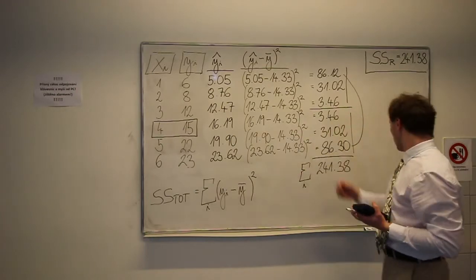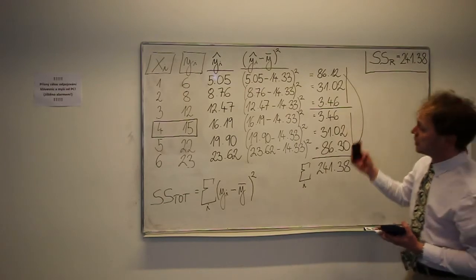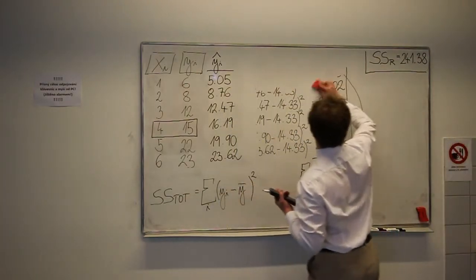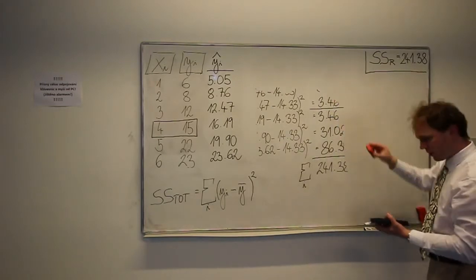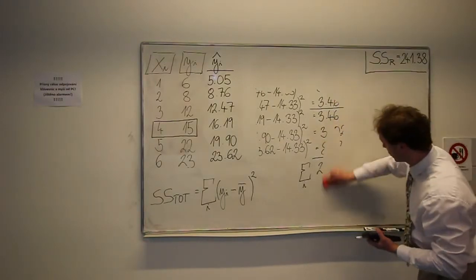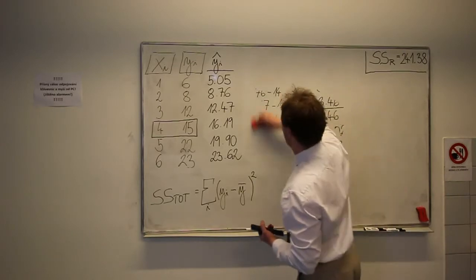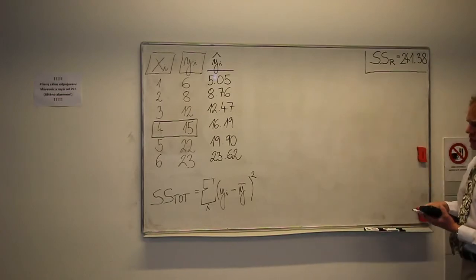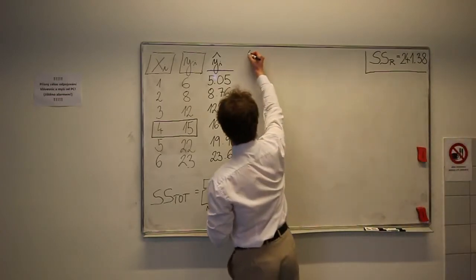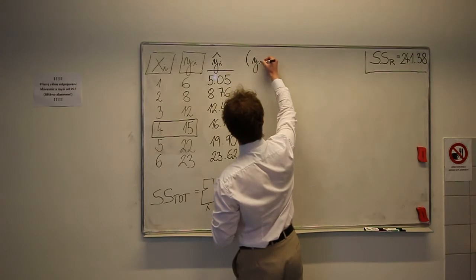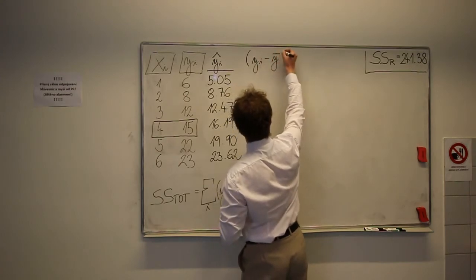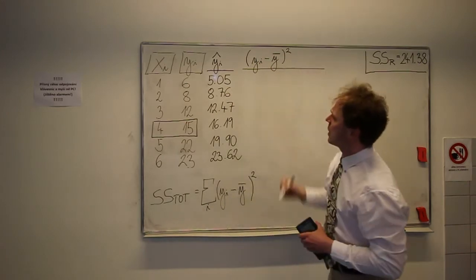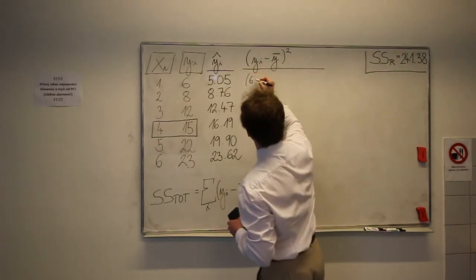We need more space, so I will delete this. You can write it next to the next columns on your papers if you have space. I don't have space, and it's necessary to calculate YE minus Y with stripe squared.